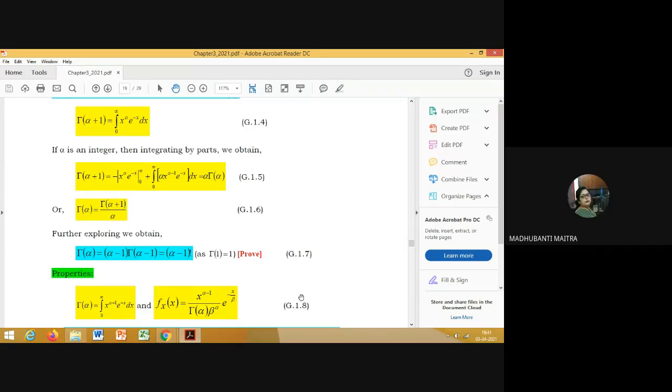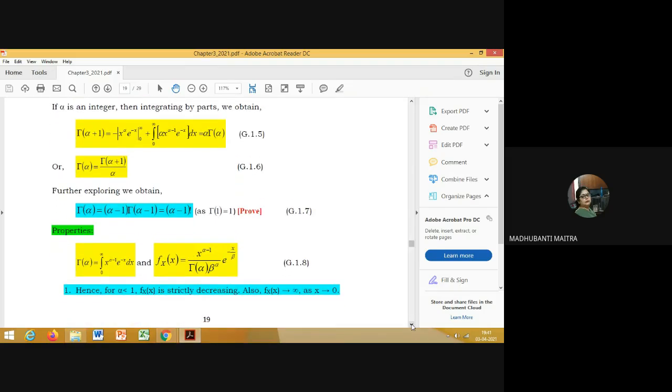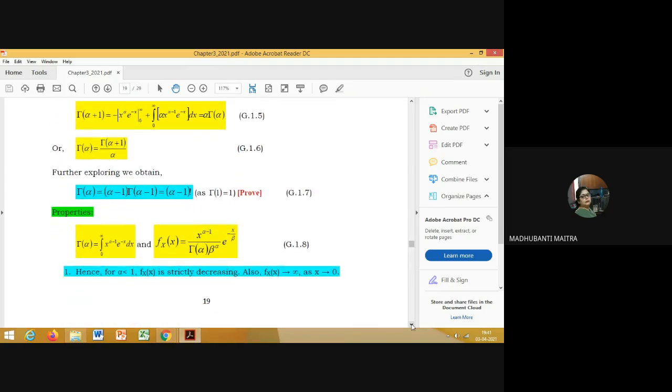So, properties of the gamma function. Tau alpha is given by the integral from 0 to infinity of x to the power alpha minus 1 e to the power minus x dx.